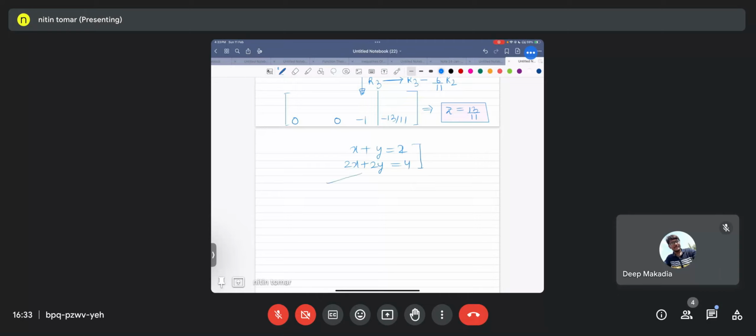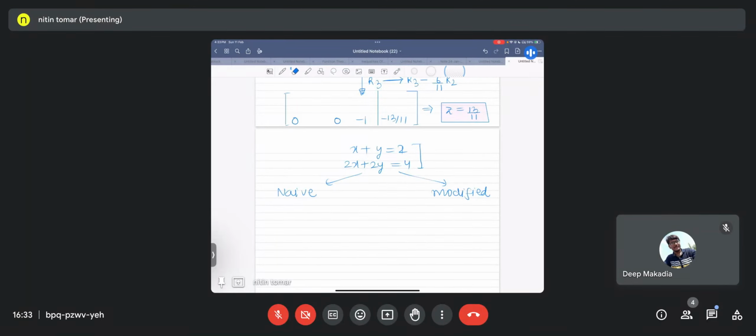You can apply the naive Gaussian method here, right? Directly. And you can also apply the modified Gaussian method. That is true? Yes, sir. Okay.